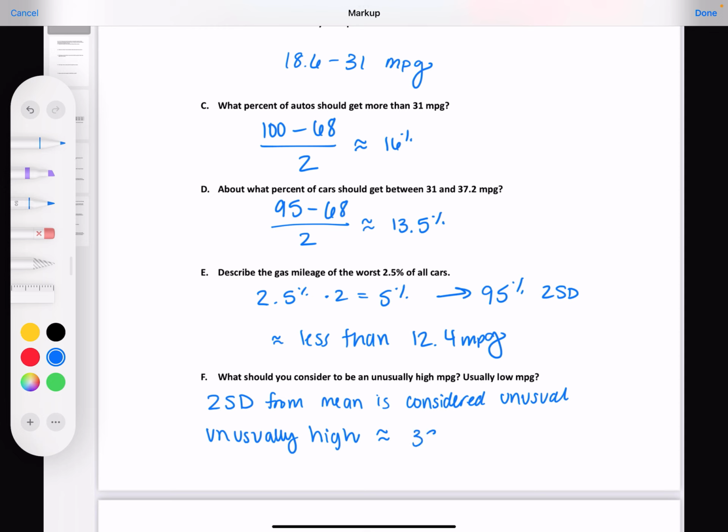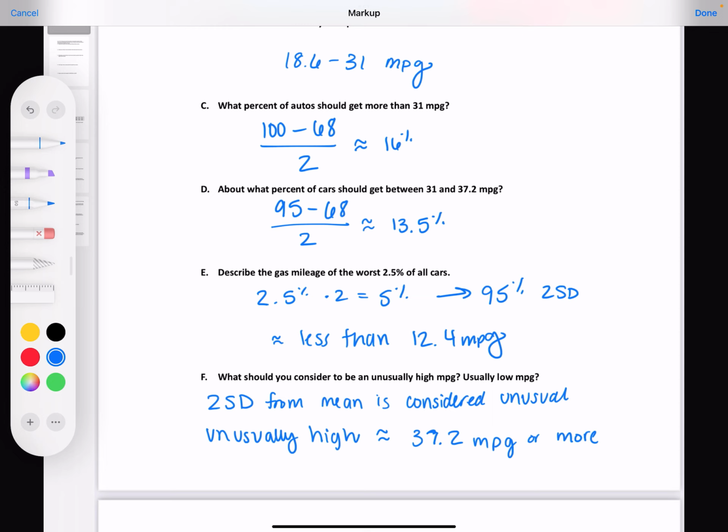Okay, so 37.2 miles per gallon or more. Because technically, there is stuff that's way farther away than 3 standard deviations. It's just that when you go beyond that, it's only 0.3%, and technically not even 0.3 if you're just looking at the top half.